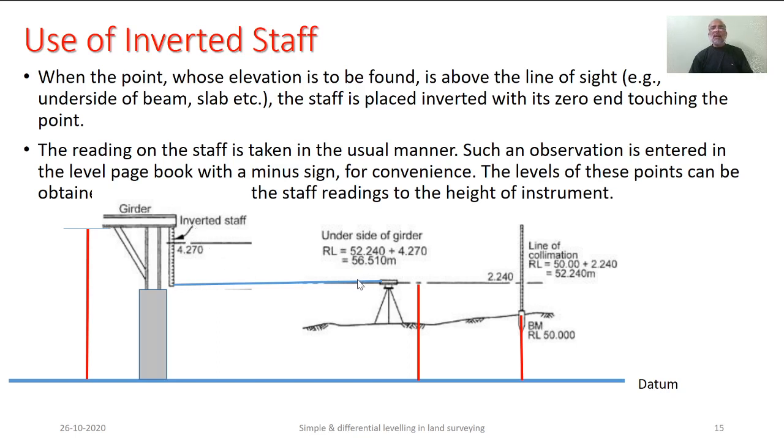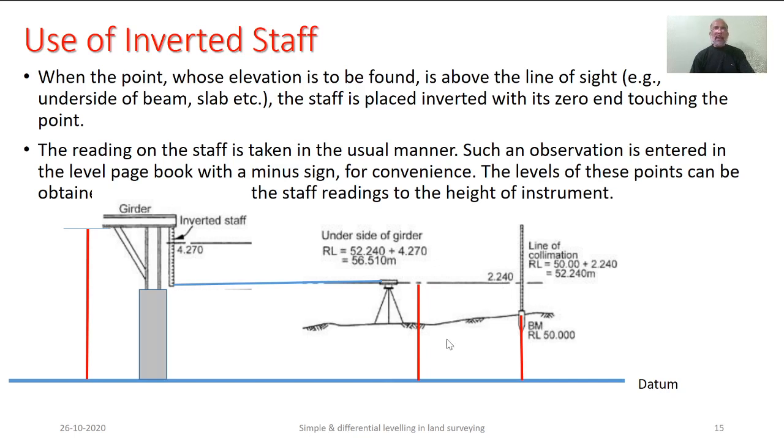It is quite easy to understand. Again, with reference to the blue line and red line I have shown here, all the reduced levels have to be expressed with respect to datum. Being RL 50 meter, benchmark is set at 50 meters above with respect to datum. 52.24 meter is HI, that is the vertical ordinate in between the horizontal line representing line of sight and the datum is of 52.24 meters.